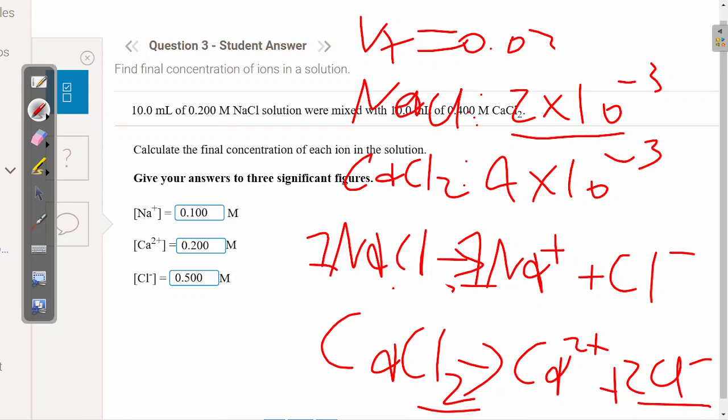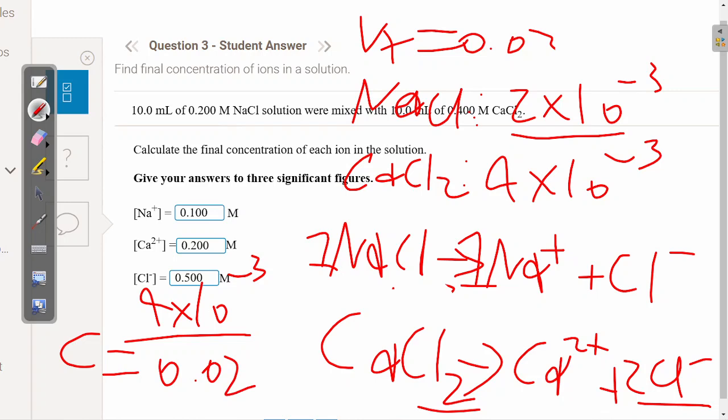Now the mole ratio between CaCl2 and Ca2 plus is 1 to 1 again. So the number of moles will be the same, 4 times 10 to the negative 3. So C equals n over V, so 4 times 10 to the negative 3 over total volume 0.02. You will get 0.2.